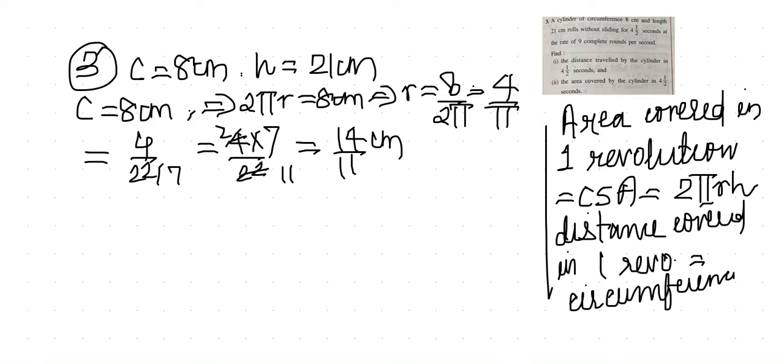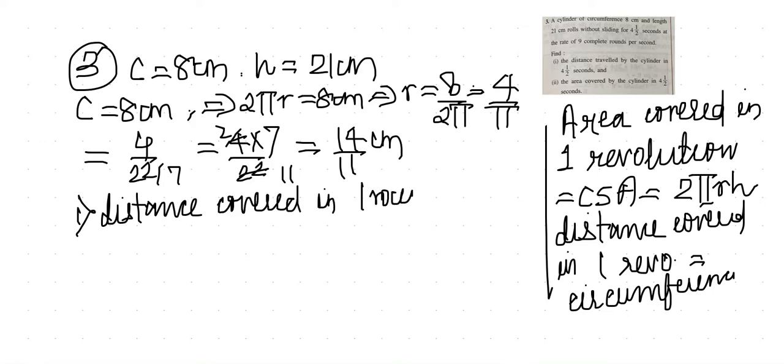Now for the first sub question, write down distance covered in one round is equal to the circumference, which has already been given as 8 centimeter.